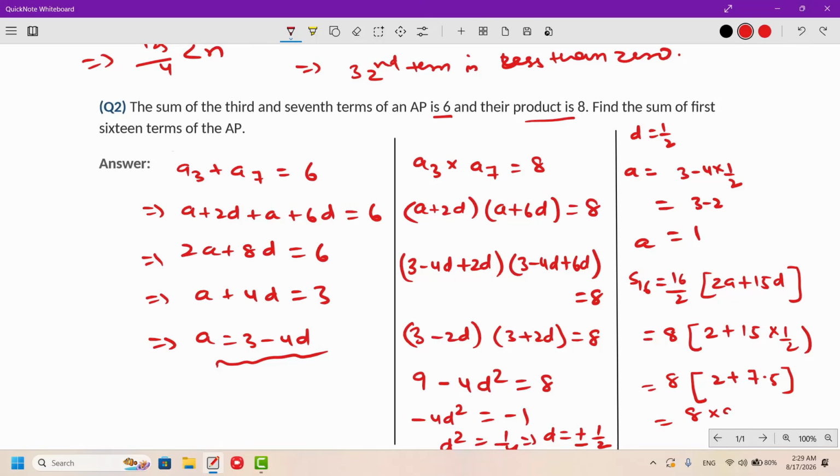So 8 into 9.5 equals 76. 76 is your answer.